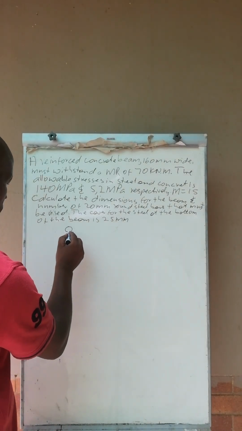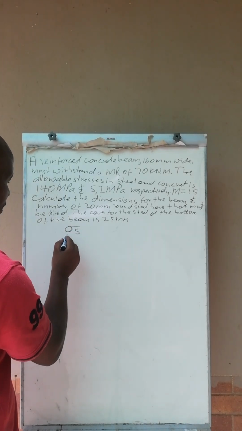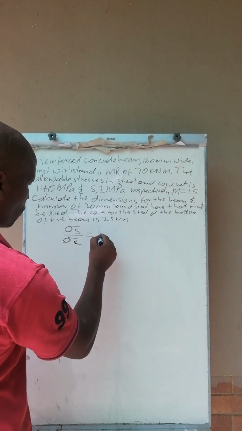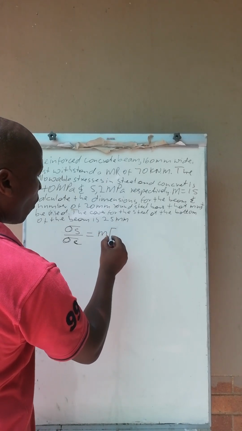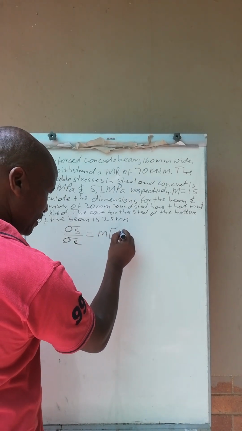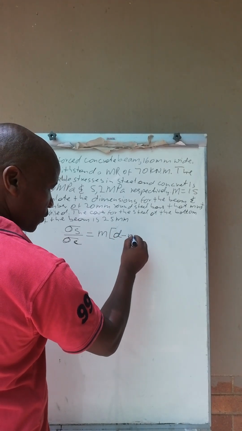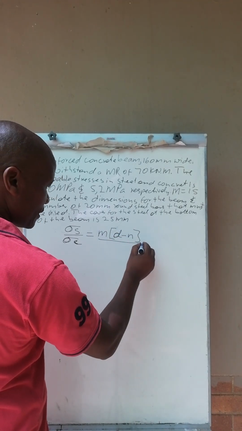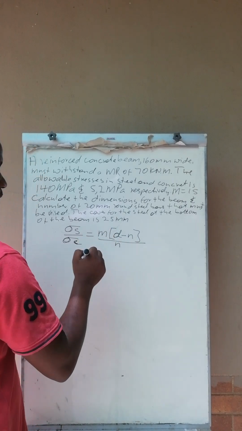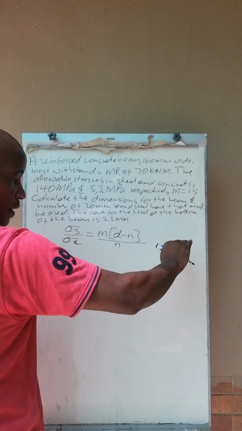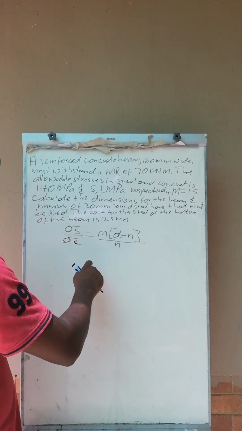Let's say stress in the steel over stress in the concrete is equal to the modular ratio over the distance from the center of the steel up to the neutral axis, divided by n, the distance from the top up to the line of the neutral axis.